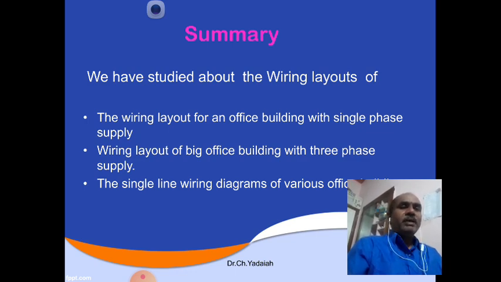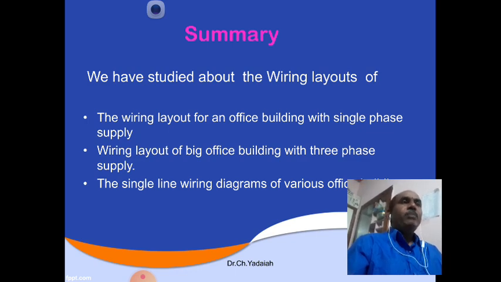Summarize the total load, then you get the capacity of the input protective switchgear items. At the same time, as per IE rule, you calculate the number of sub circuits. Based on the number of circuits, you provide the MCBs for each sub circuit, which can protect each room if any fault occurs in the rooms.